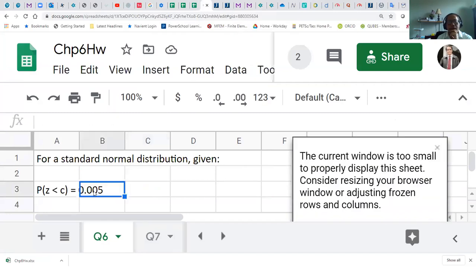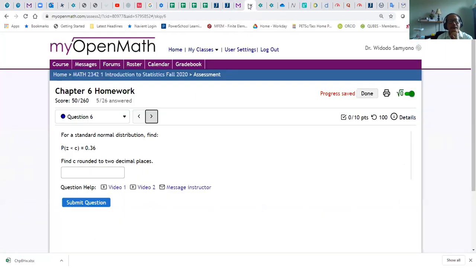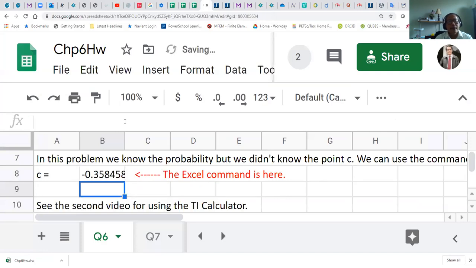Yeah, I think someone, okay, should be done here. What is the number that you have? 0.36, and the probability is less than. So that means you don't need to subtract from 1, right? Okay. So the answer will be 0.36, and this will be the answer for the problem there.